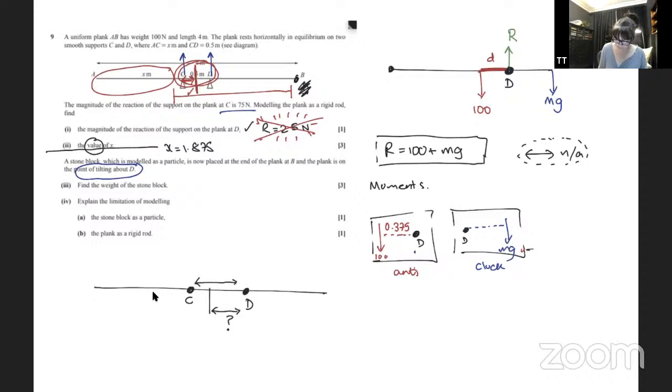This is 0.5. This is X. This is 2. So I'm coming round to, was it Scarlett or Shania's method? 2 minus X is that bit there.